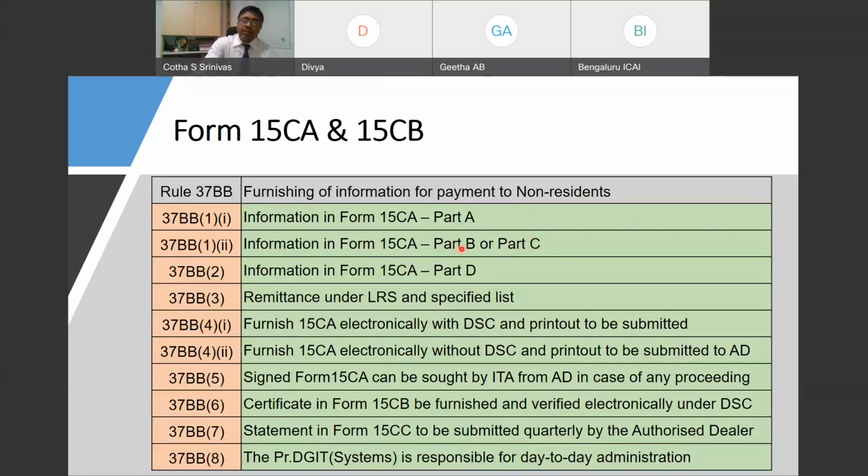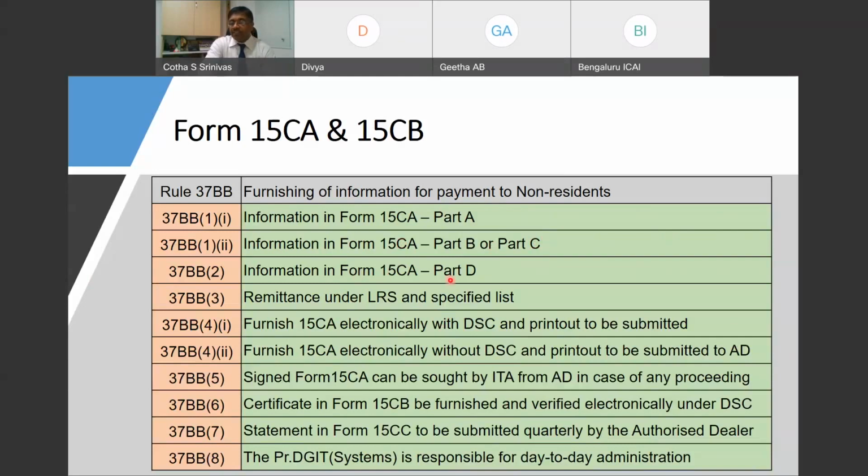When you have not applied for nil or lower deduction and the department has not given you the rate of TDS, then the chartered accountants have to give the nature of payment and the rate of TDS. So whenever Form 15 CA Part C is applicable, then Form 15 CB will be applicable. In other cases, Form 15 CB will not be applicable.